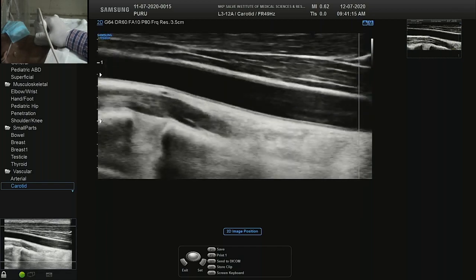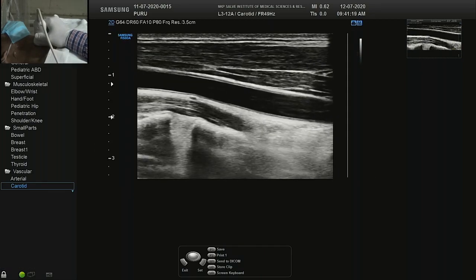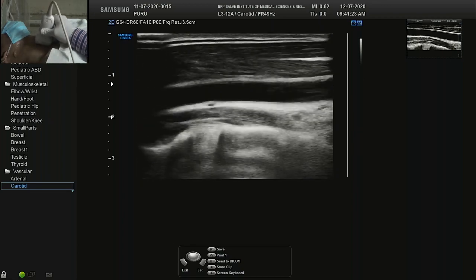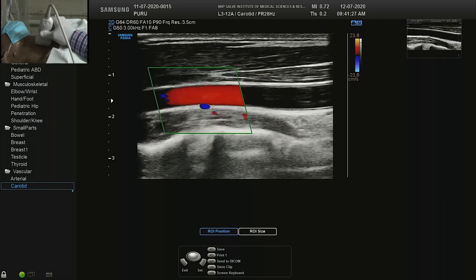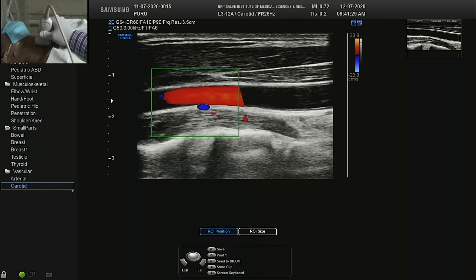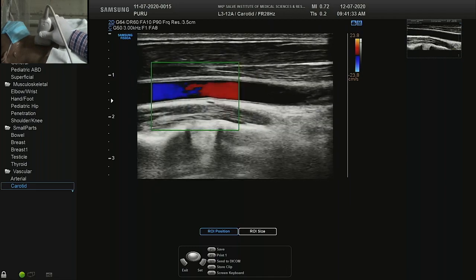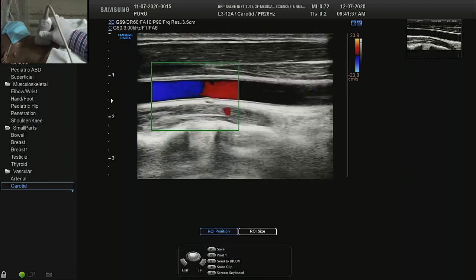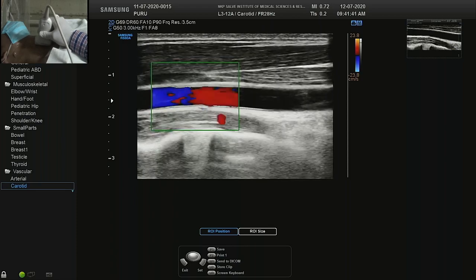Now we will go back to the normal size and put color. So I have put color here. The point I was explaining while the preliminary lecture was, see, the common carotid is making 90 degrees angle.